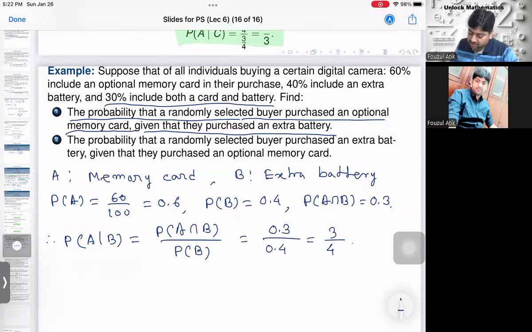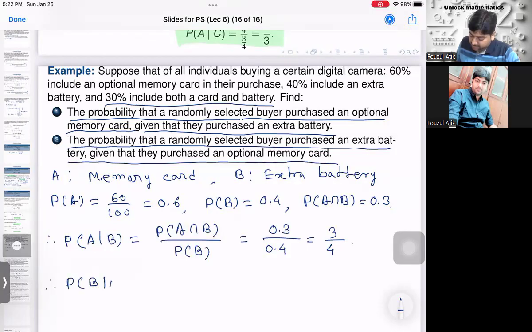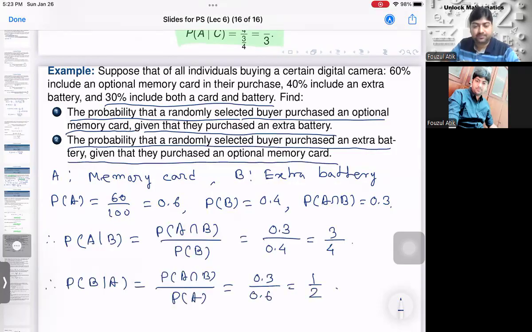Next example: the probability that a randomly selected buyer purchased an extra battery given that they purchased an optional memory card. That means probability of B given A, the conditional probability of the event B where A has already occurred. It is again P of A intersection B divided by P of A. Just substitute the values: 0.3 divided by 0.6, and it is 1 by 2.